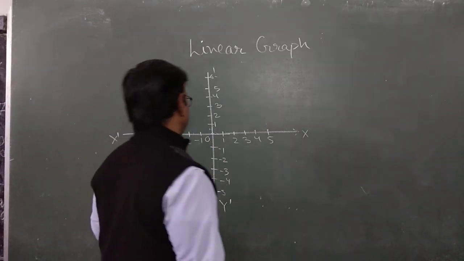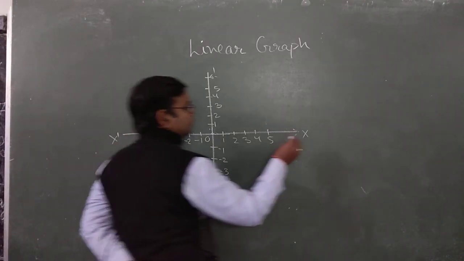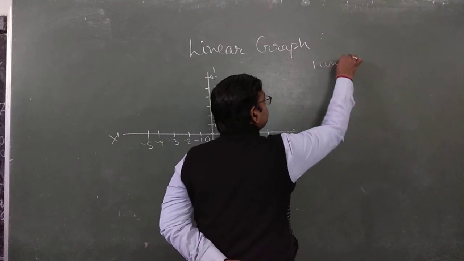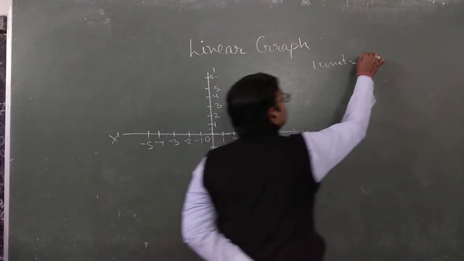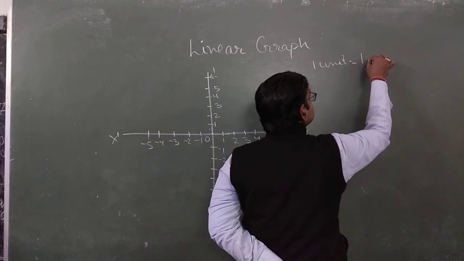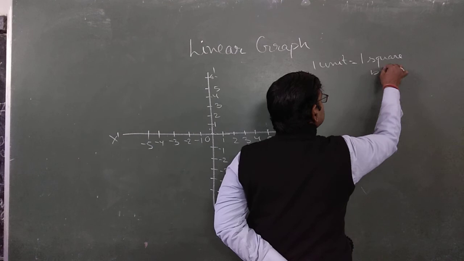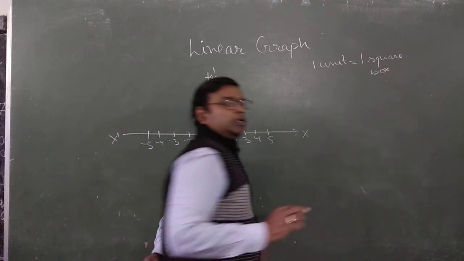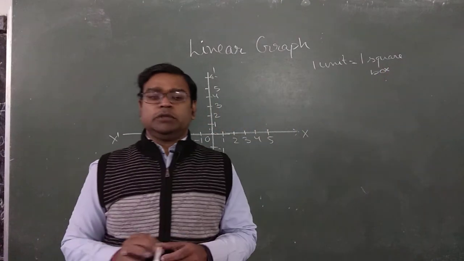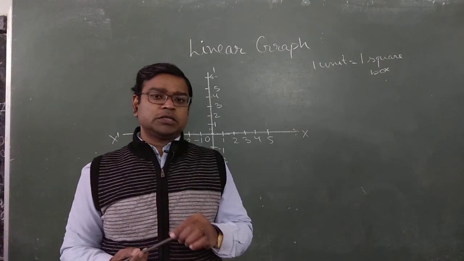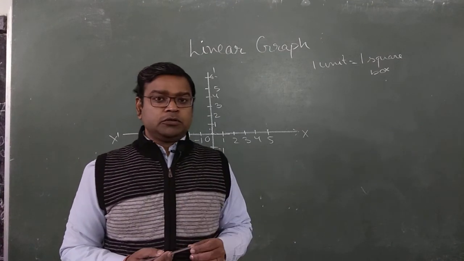In this first part, you must choose one unit equal to one square box. And remember, you need not choose the smallest one. For class 6, 7, you need not choose those smallest boxes, but the next box you must choose.